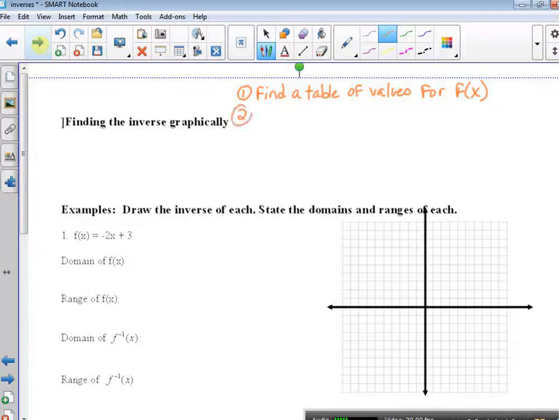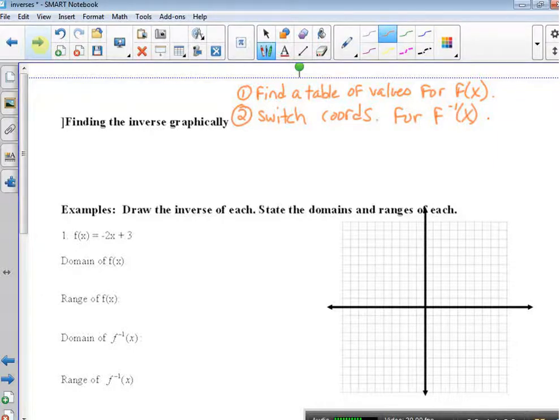And then I set up another table of values where I switch the coordinates for f^-1 of x, or the inverse.